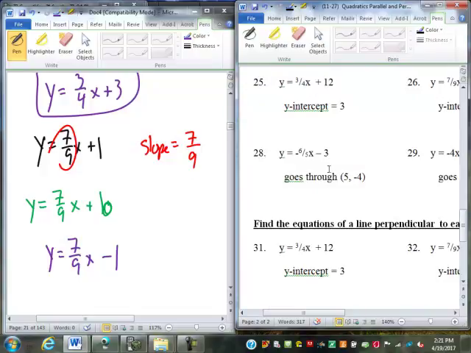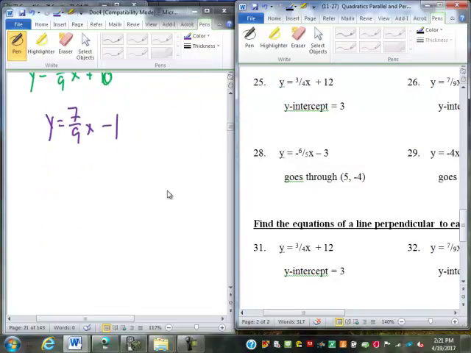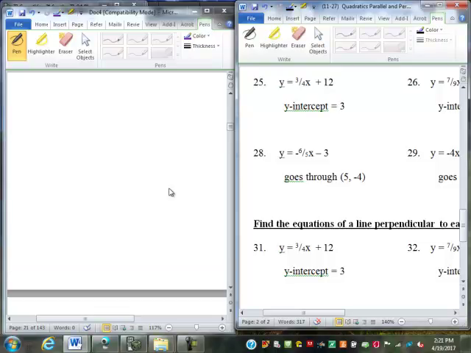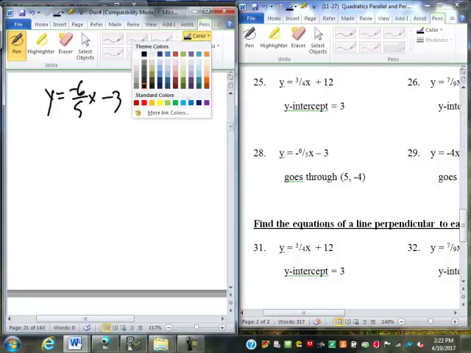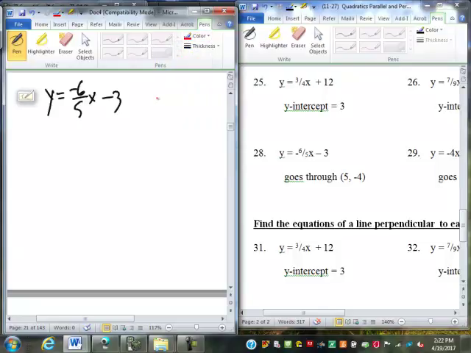We still want the equation of a line parallel, but it's going to go through 5, negative 4. So we've got y equals negative 6/5 x minus 3. What do we want out of that equation? The slope is negative 6/5. Very good. That's all we care for. So what's that tell us about starting our next equation?